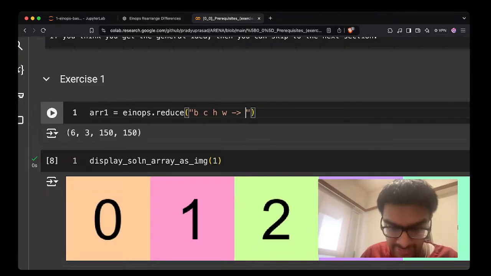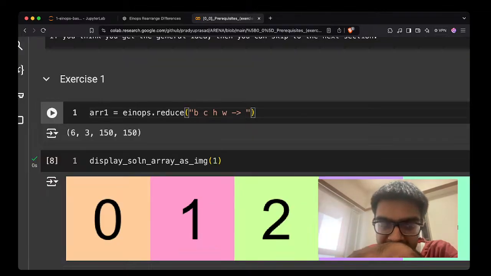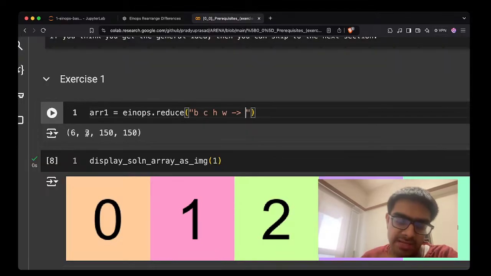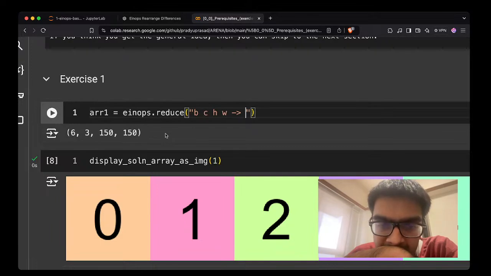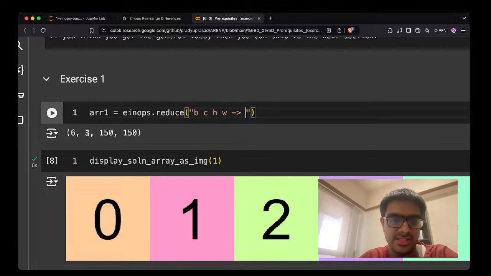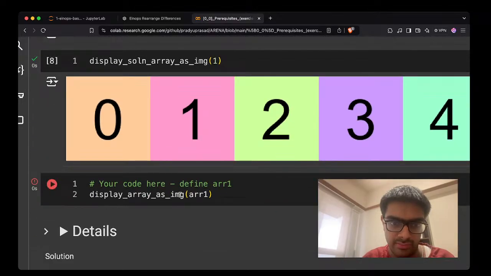We want it in the form channel height width, I suppose, because here the channels are in the 0 and 1th dimension. So the width should become that. The channel stays the same, the height stays the same, but we get BW. I think this is how this thing works.